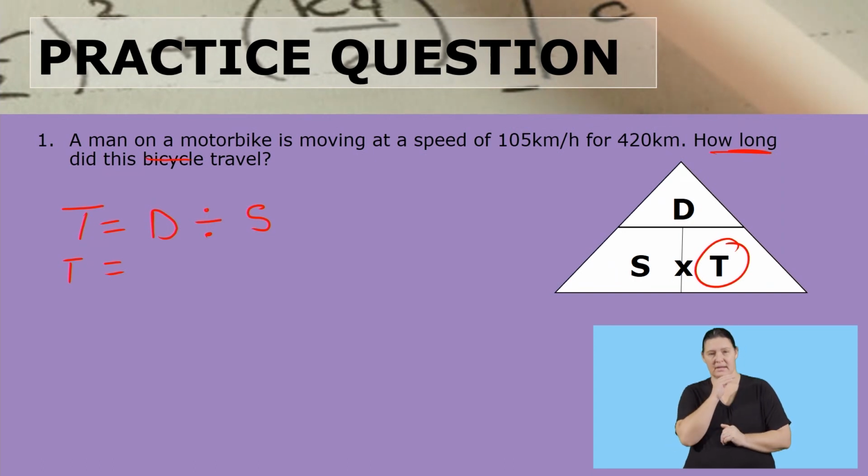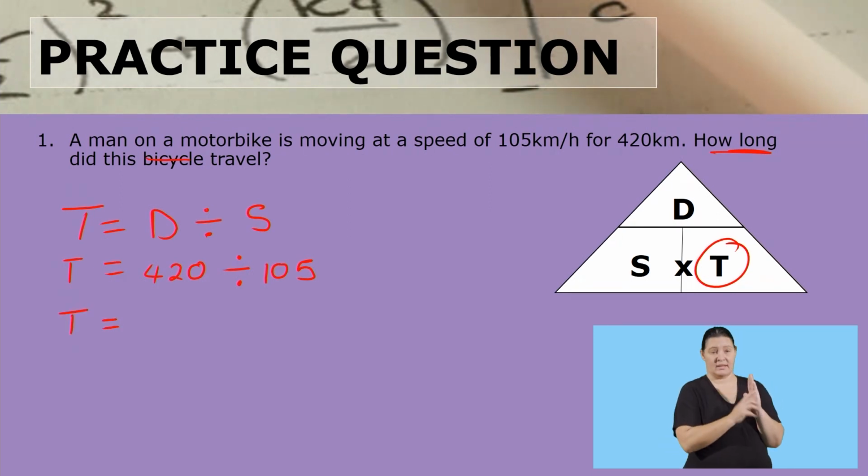Our distance there is 420 kilometers, and we are dividing this by our speed, which we've been given as 105 kilometers per hour. If you punch that into your calculator, 420 divided by 105, that is going to give us an answer of 4. So this means that this motorbike was traveling for 4 hours.